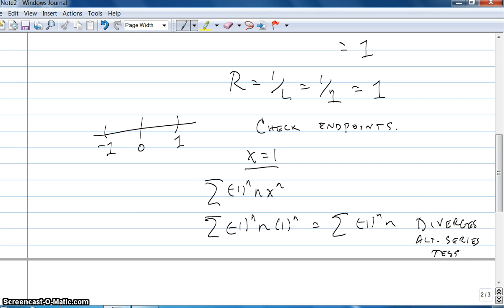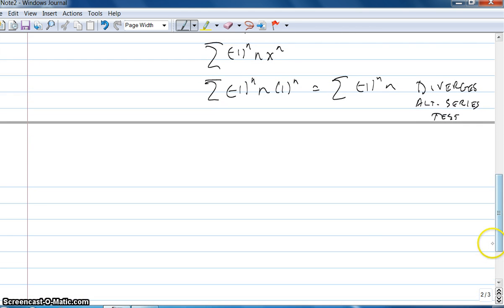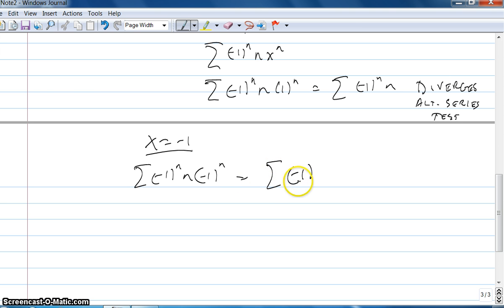Okay, so we do not include the endpoint positive 1, and likewise the same is going to be true for the negative 1. When x equals negative 1, we have the series (-1)^n and (-1)^n. If you like, that's equal to the series (-1)^(2n) times n, which is really the series just n.